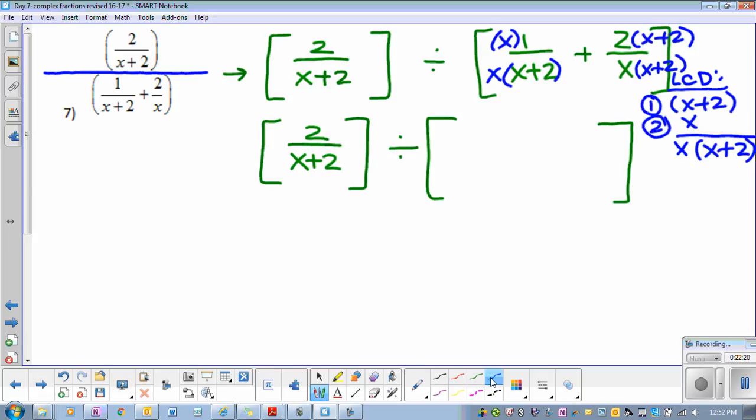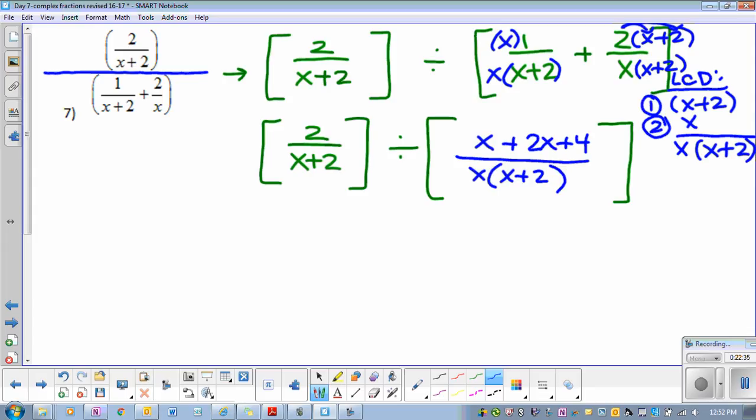So this is x times x plus 2 as my LCD. What is x times 1? Is x. Plus, and then I'm just going to distribute here. Seems like you guys are getting it.